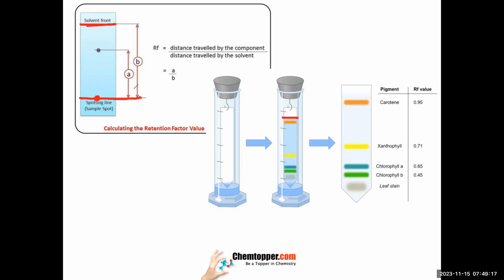You're going to measure the distance from this baseline to the solvent front. How much is that? B in this example. B is the distance from the baseline to the solvent front. This is B. And this is called as distance traveled by the solvent. Any confusion?